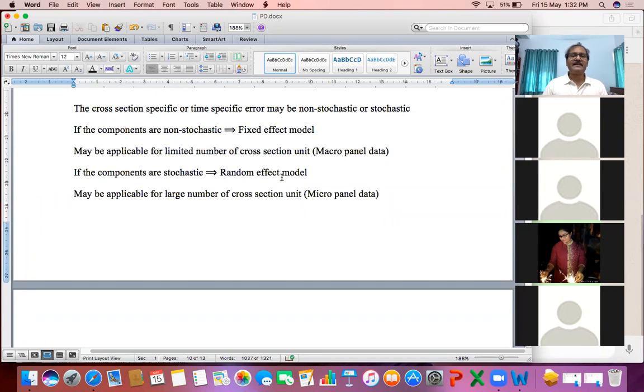In this chapter it is discussed in detail how we decide whether the pooled regression model is appropriate, or the unrestricted one; whether the fixed effect model or the pooled regression is appropriate; whether random effect or pooled regression is appropriate. There are a lot of statistical tests we can carry out, and we can decide the appropriate model for our data. We are not discussing the testing of hypothesis because this is out of syllabus for your part.